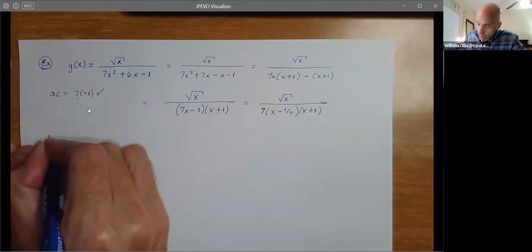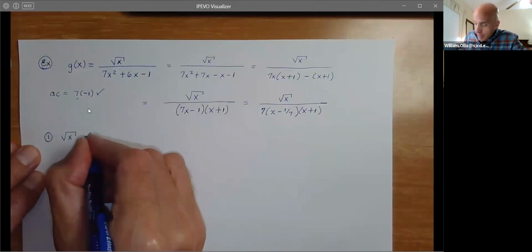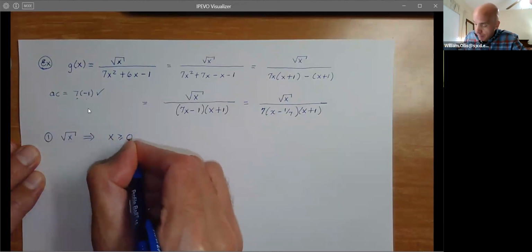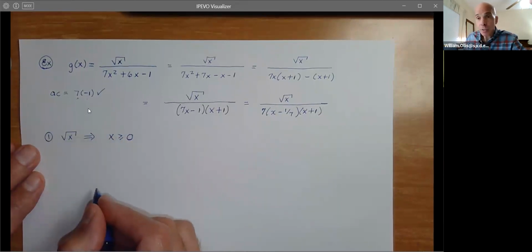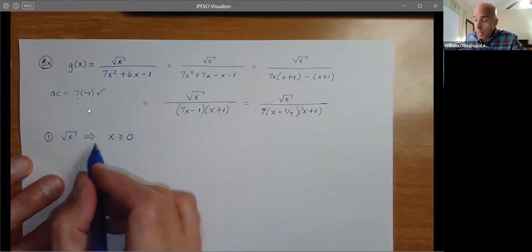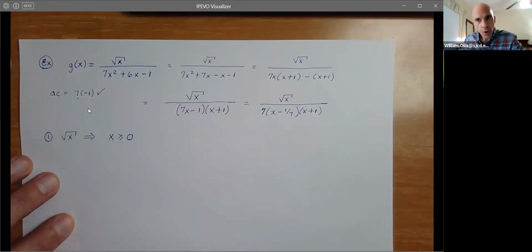Number 1, square root of x implies that x must be non-negative. That's just by definition. That is, when we take square roots of real numbers and we want the output to be real, the argument must be non-negative. So again, very straightforward, but very important.